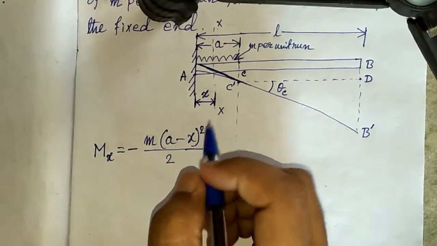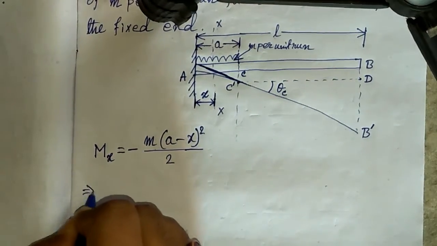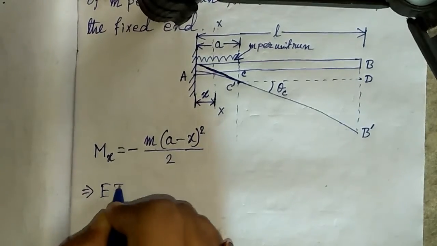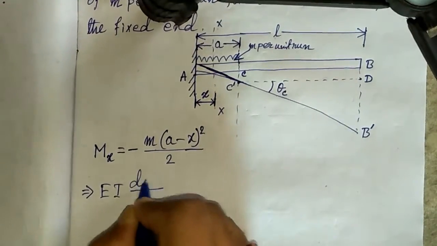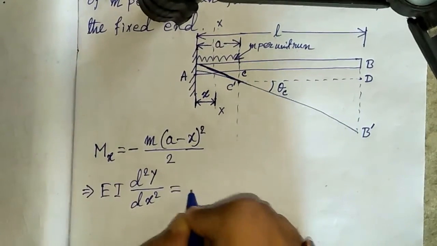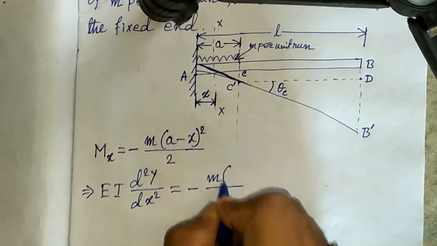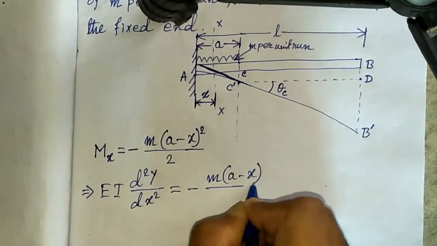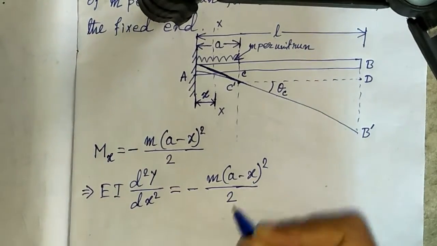So this is the moment. From the deflection equation we can write EI d2y by dx2 is equals to minus M (a minus x) whole square by 2.